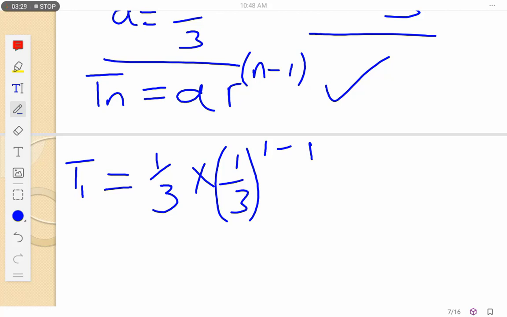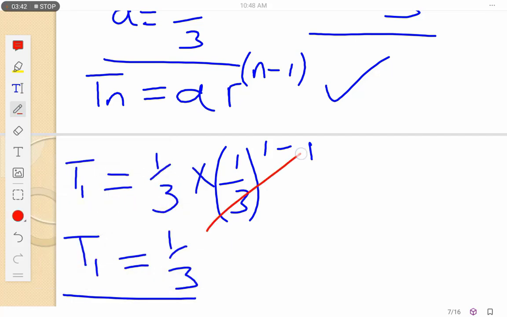So it's going to be a 0 there. Any number to the power of 0, we get 1. So at the end of the day, for the first one, we get our T1 as 1 over 3. After which we said this becomes a 0 there. 1 over 3 to the power of 0, we get a 1.